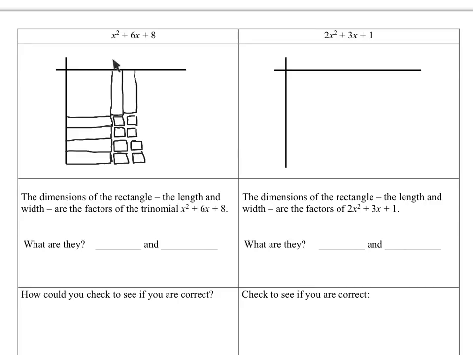Now that I've created this rectangle, I can get my factors by looking at the dimensions of each side. From here to here, since this square is x by x, this is the length of x. So I could put an x tile right here. These x tiles that go long ways are 1 by x, so the length of this right here is 1 and 1. So I'm going to put 2 ones tiles right there.